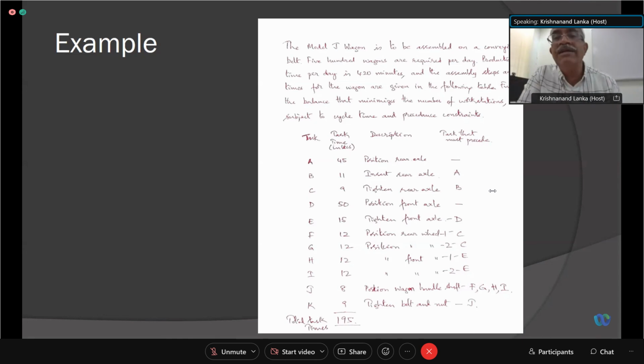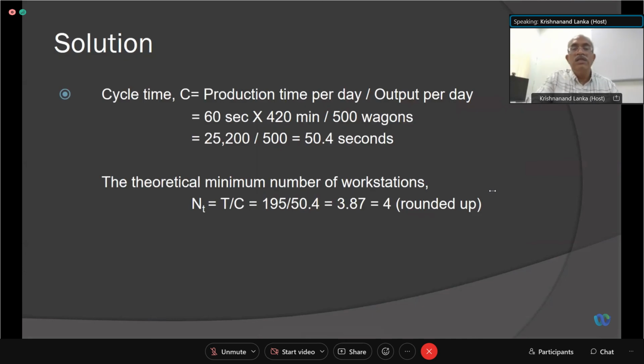Maybe this is a toy wagon. Since you require 500 wagons per day, the cycle time is 25,200 seconds divided by 500. That means you should turn out one toy wagon every 50.4 seconds, right? So that is how you calculate the cycle time.